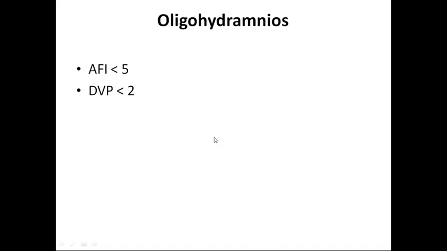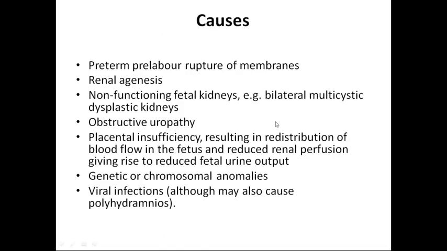What is the best answer for polyhydramnios? Idiopathic. Idiopathic for polyhydramnios, but for oligohydramnios, the most common is preterm pre-labor rupture of membranes. Idiopathic is actually less common, though sometimes we can find idiopathic.